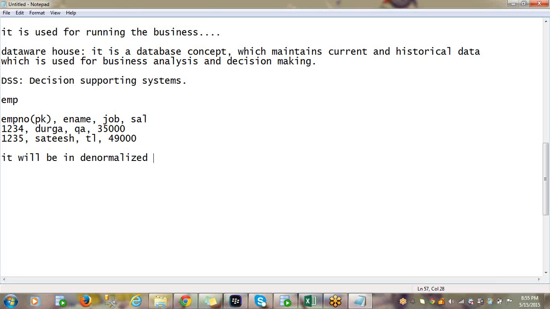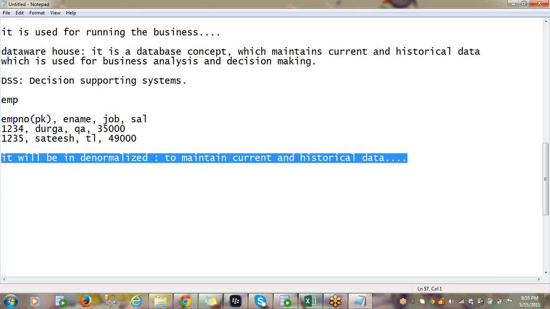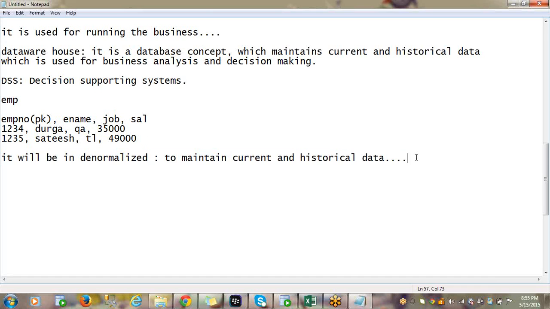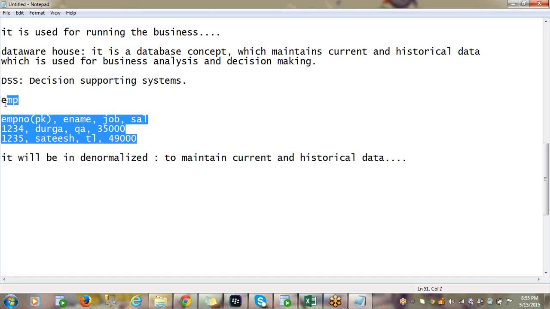I mean, the tables within the data warehouse are denormalized. Why are they denormalized? To maintain current and historical data. So I am going to denormalize this particular table. Okay, let me do this.